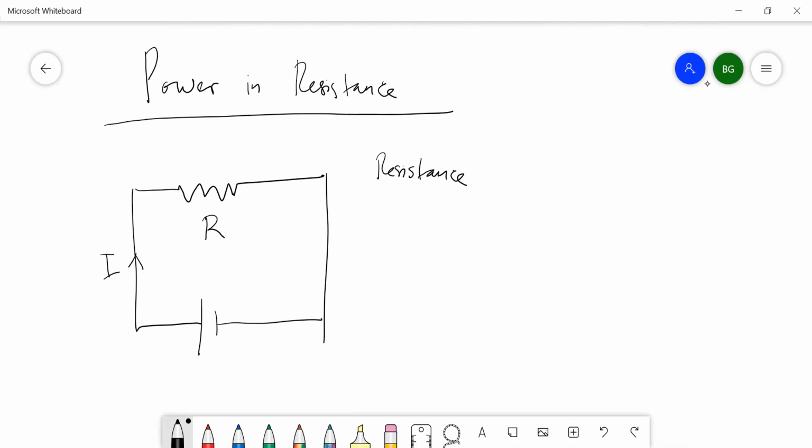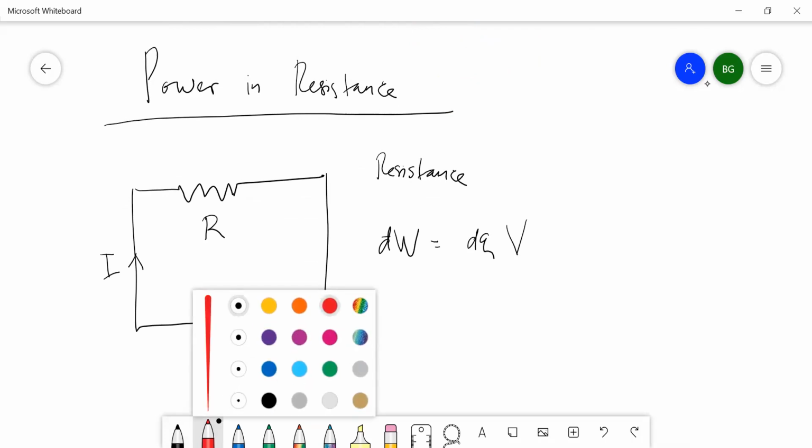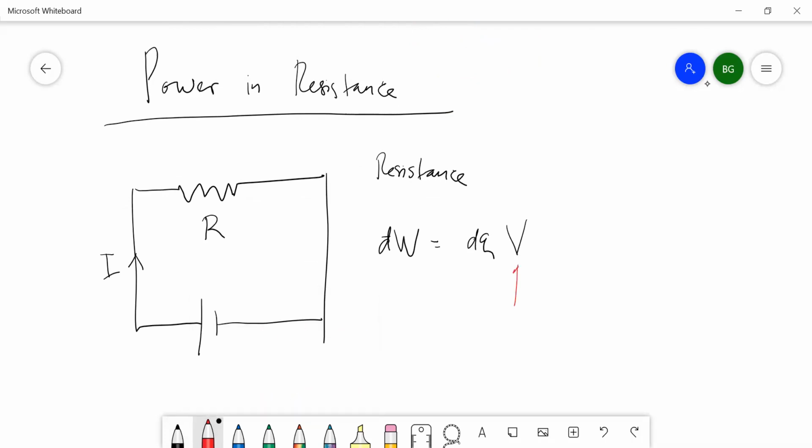From the definition of work, this is equal to dq times V, the potential, a function of voltage.